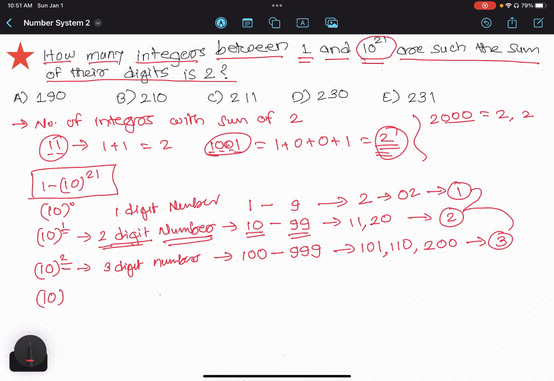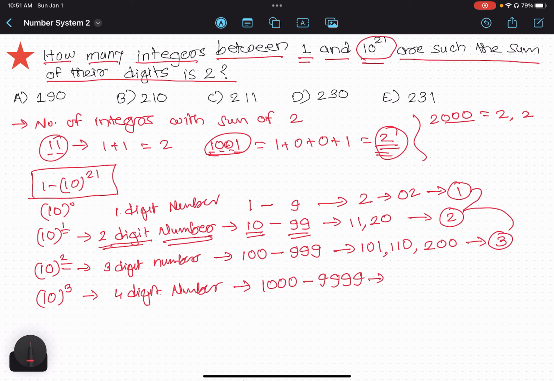Let's perform this one more time with 10 raised to 3. So it will become a 4 digit number, and here I will consider 1000 to 9999.